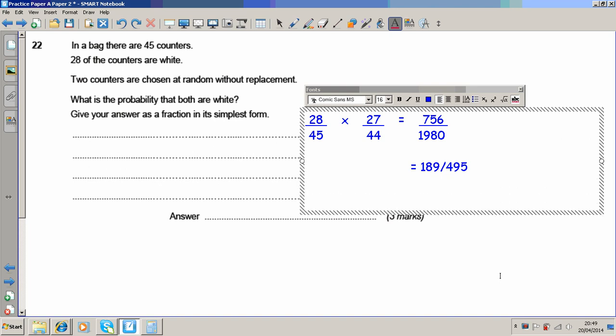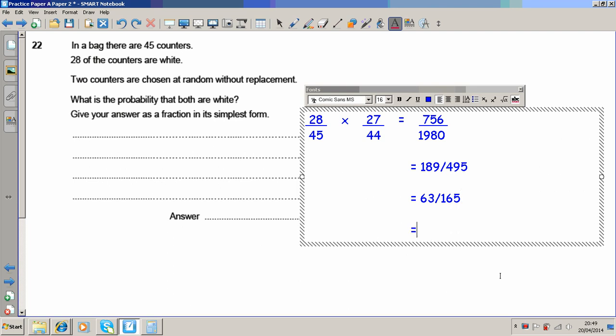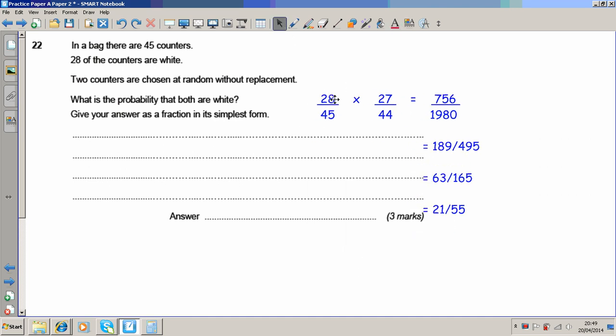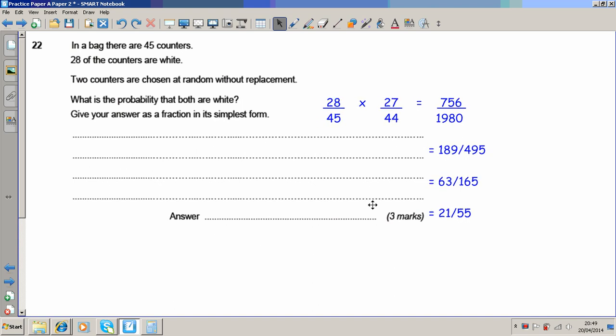Which can go further to be 63 over 165, which is 21 over 55, and then that's as far as we can go. So 21 over 55. Winner.